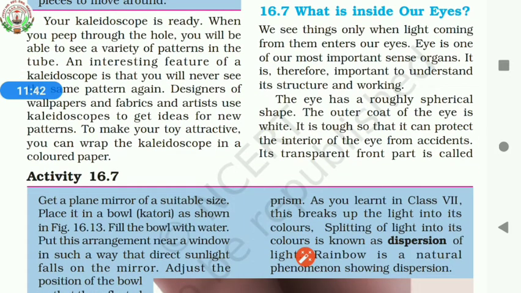Now let us see what is the structure of the human eye. As I already told you, we see things only when light coming from them enters into our eyes. So our eye is an important sense organ.